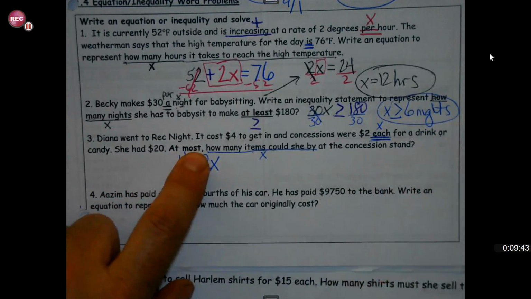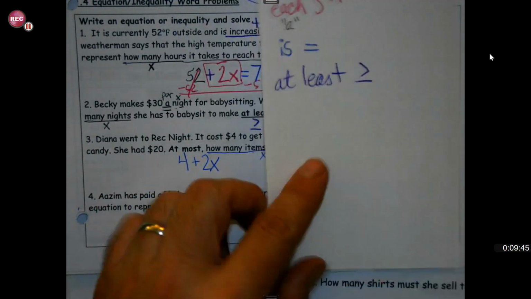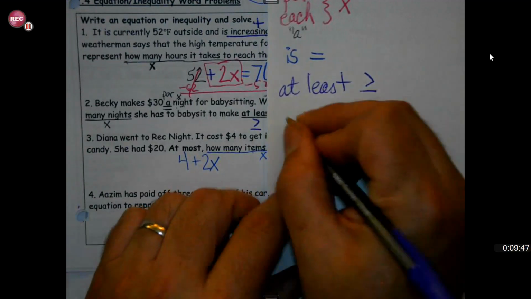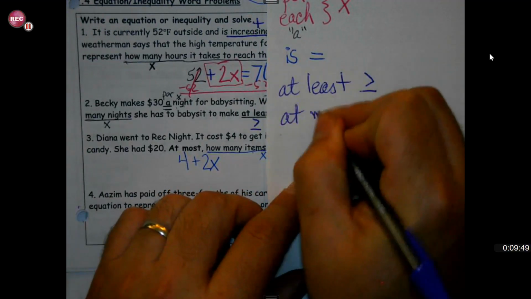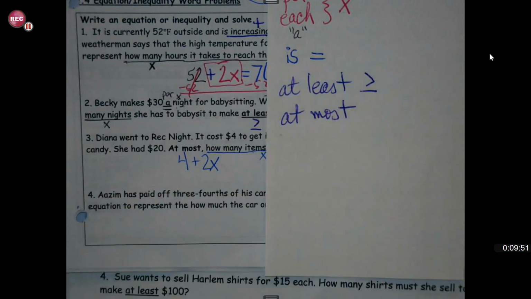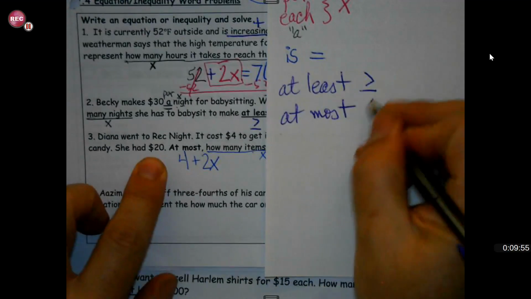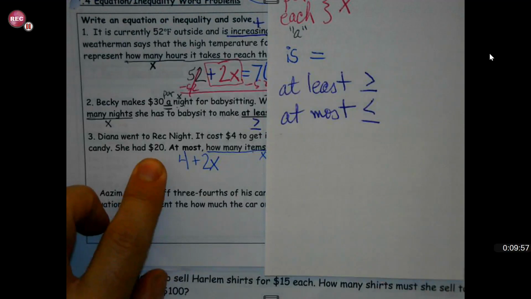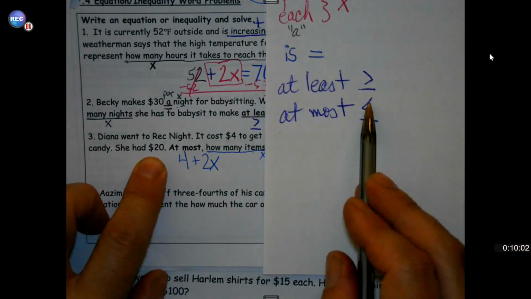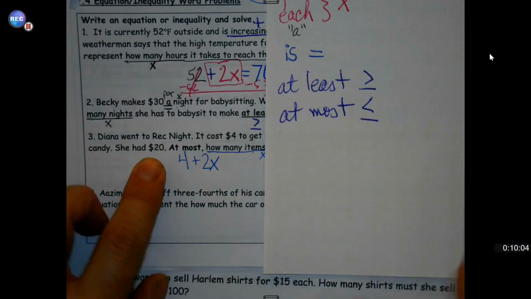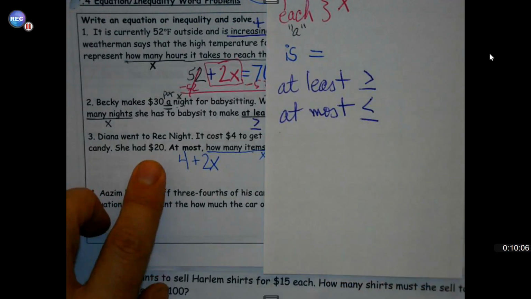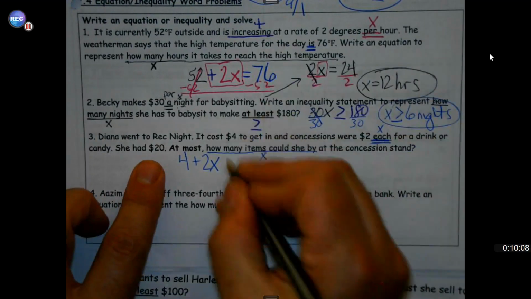At most, oh, one more thing to add. I swear I'm going to quit adding after this. At most, I don't want to spend any more than the $20 that I have. So that's going to be less than or equal to. I don't mind if I spend 20. I don't mind if I spend 19. I'm not spending 21 though.